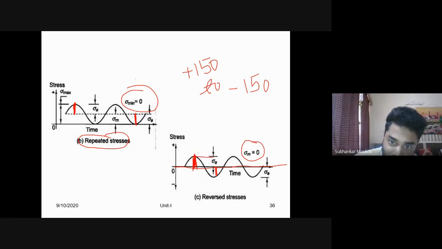So this particular value is sigma a, for positive tensile stress as well as for negative compressive stress. This is the value of sigma a. Is it clear? Any doubt in fluctuating stress, repeated stress, and reversed stress?